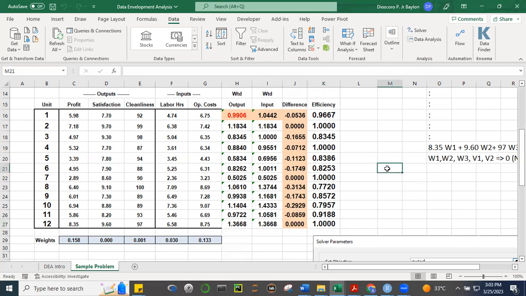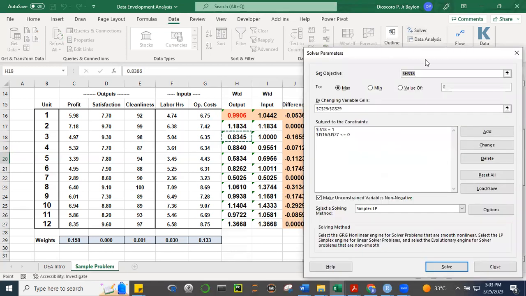Okay, so can we prove that? Yes, we can prove that. Sige, i-prove natin, tingnan natin kung how that happened. Okay, so let's solve, let's say, unit number 5. I'm going to solve unit number 5. So data, solver.